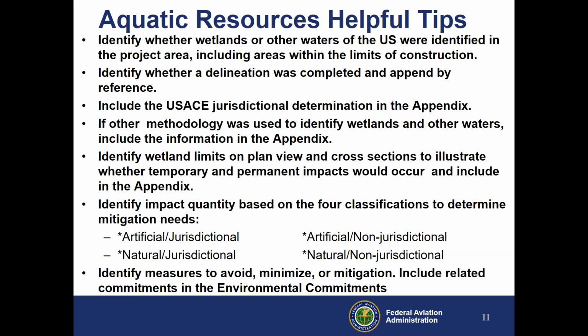We mitigate for 3 of those categories. The one we don't is the artificial non-jurisdictional. And always include your measures to avoid, minimize, and how you're mitigating in the environmental document, as well as any related environmental commitments.